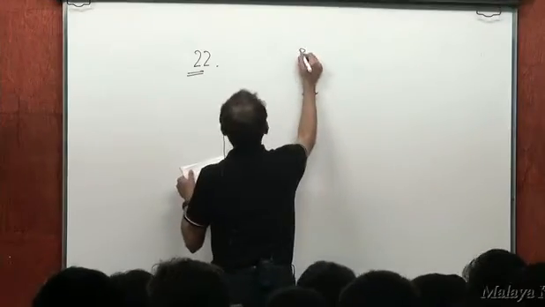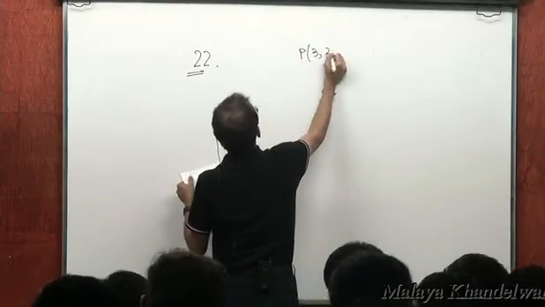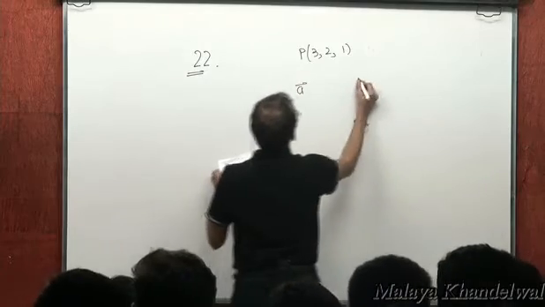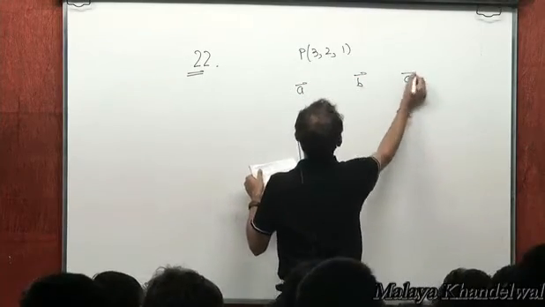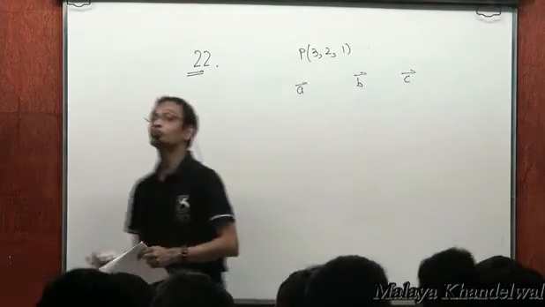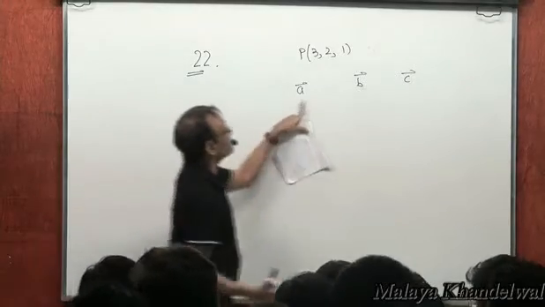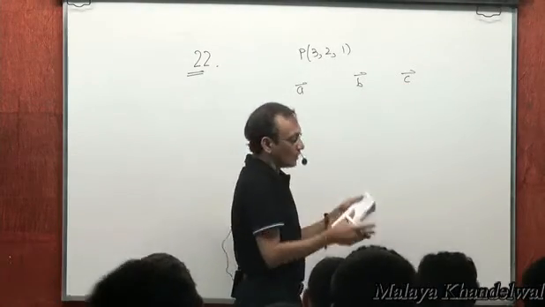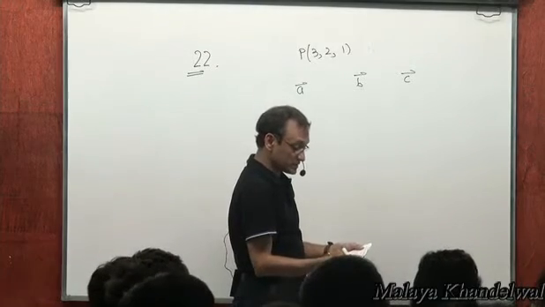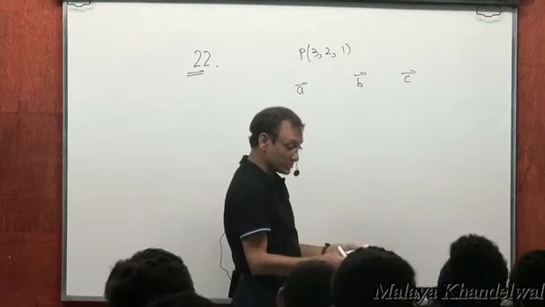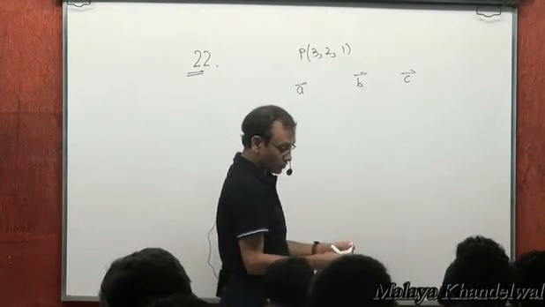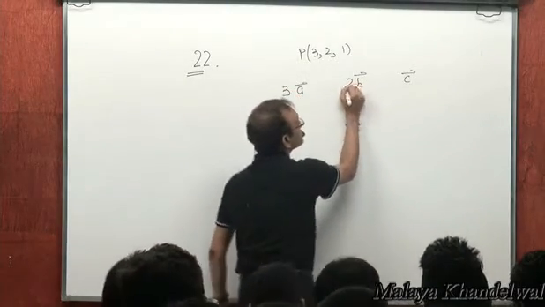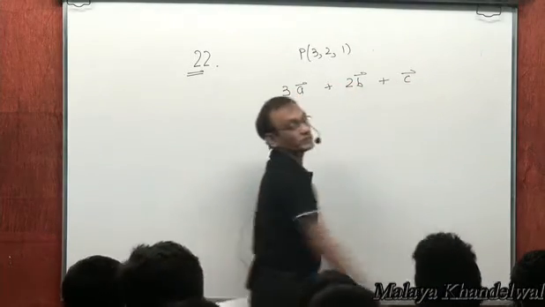There is a point P and its coordinates are 3, 2, 1 in a system of 3 non-coplanar vectors A, B and C. What it really means is that if A, B, C were 3 base vectors, then in that system the position vector of the point P would be 3A plus 2B plus C. That's what it means.